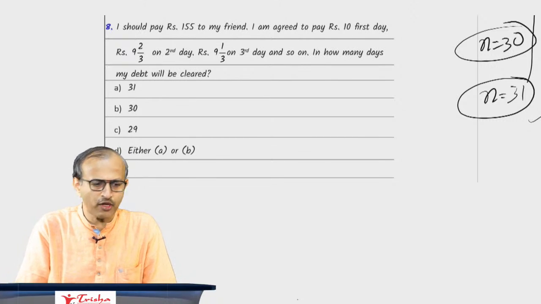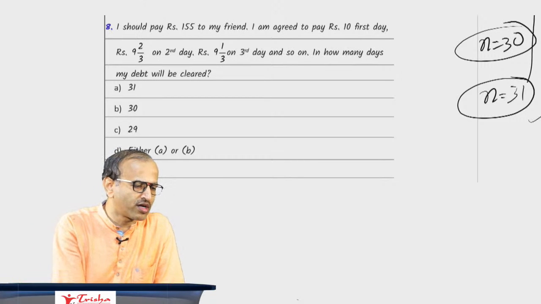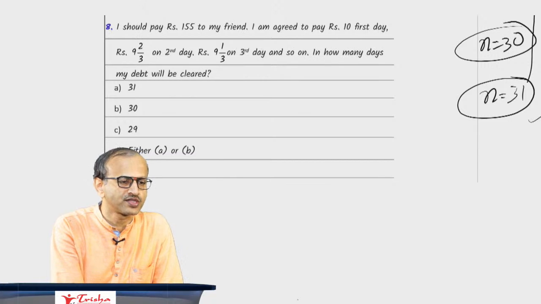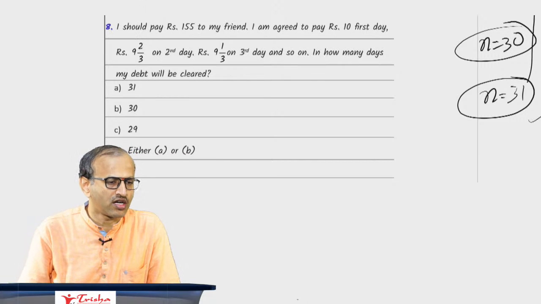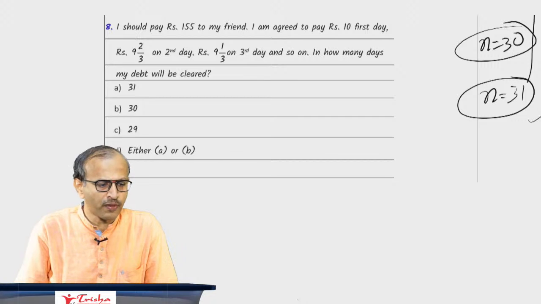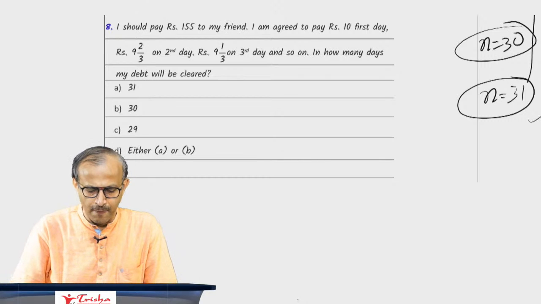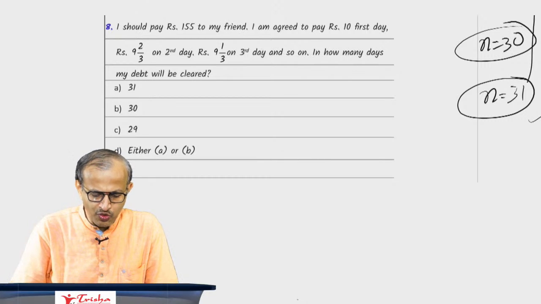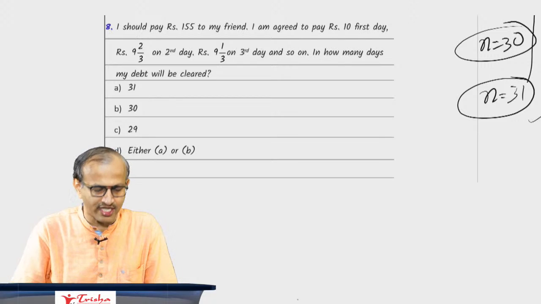I agreed to pay rupees 10 on the first day, 9 2/3 on the second day, 9 1/3 on the third day, and so on. How many days until my debt will be cleared?